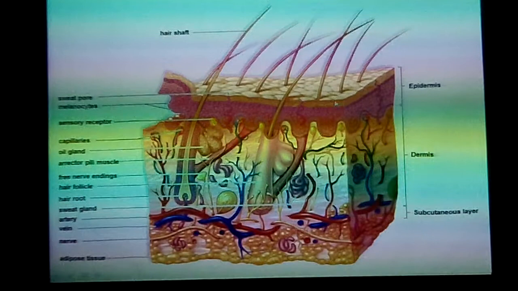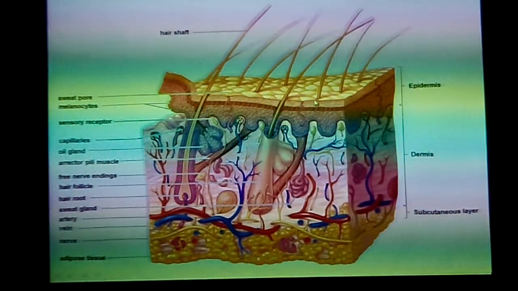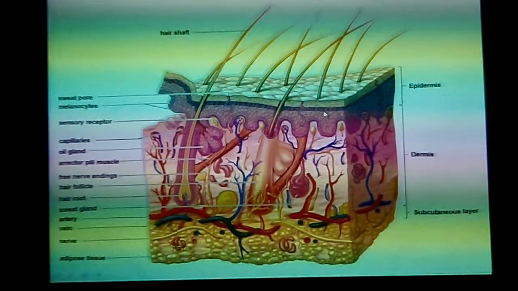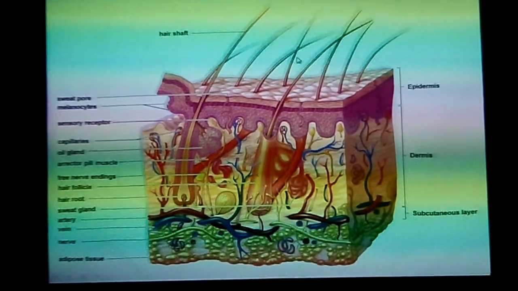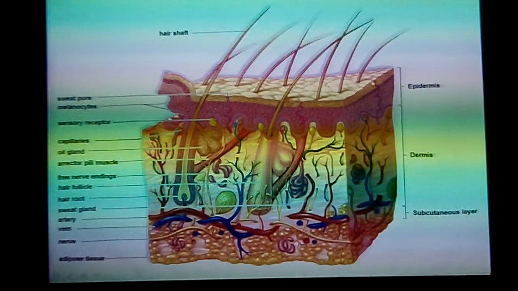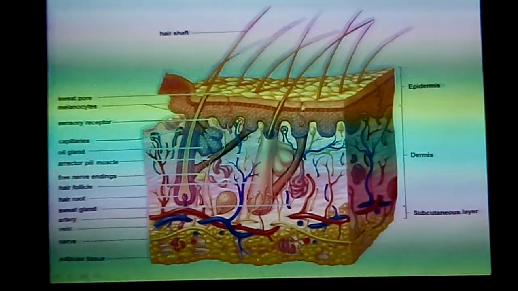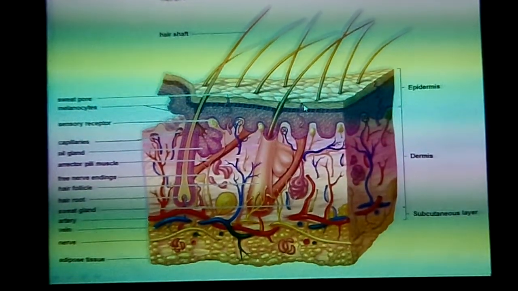And they're filled with a waterproof protein called keratin that keeps water from leaking out of your body. If it wasn't for your epidermis, you'd constantly be losing water to the atmosphere and you'd dry up and die. But your epidermis is a waterproof barrier of dead cells at the top that won't let water out. And that's good for us. We don't have to drink nearly as much because of that.